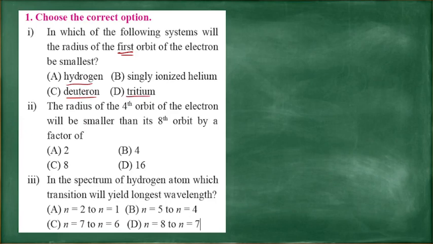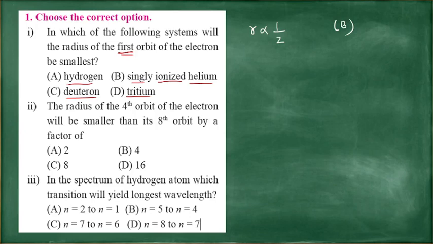Atomic number is same, but here singly ionized helium has a different atomic number. So here we know R is inversely proportional to atomic number when the orbit is fixed. It is directly proportional to n square, but inversely proportional to atomic number. So the answer is B.